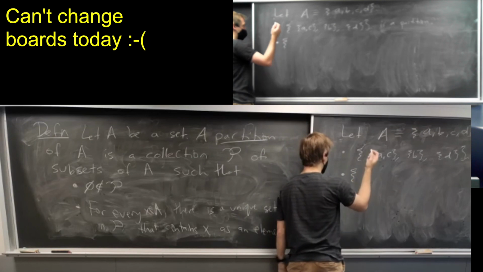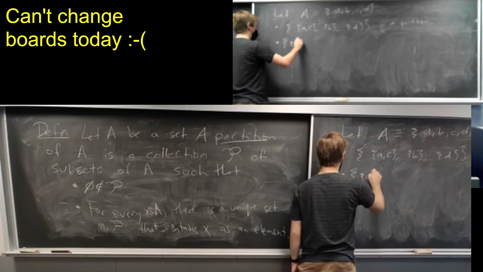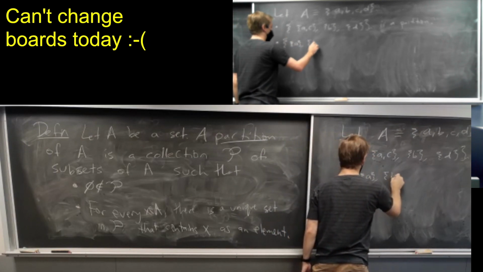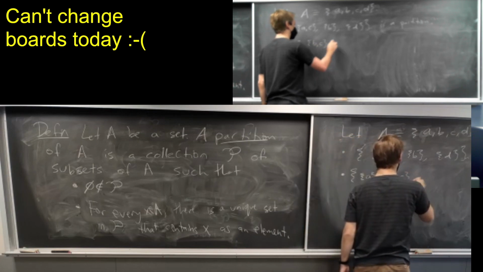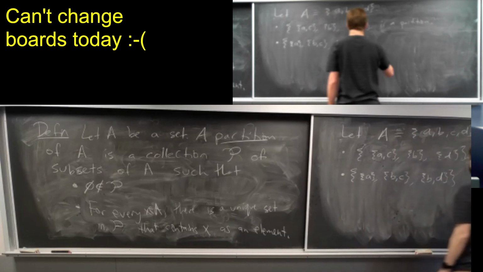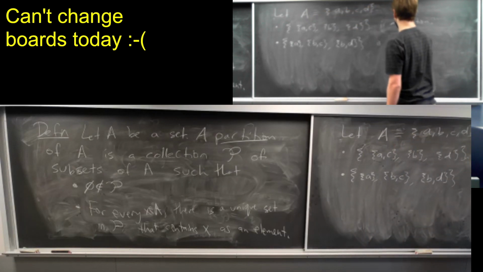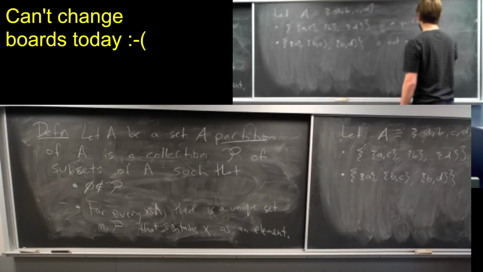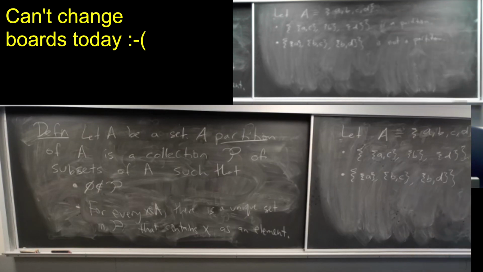An example which is not a partition, for example, if I take {{A, B, C}, {B, D}}, this is not a partition. Can anyone tell me why? Yep, exactly.